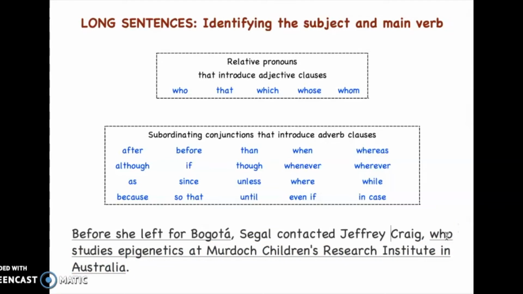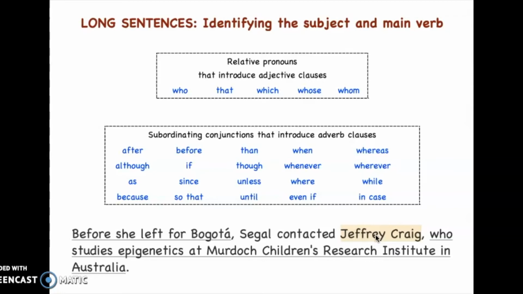Who is it that does this? Jeffrey Craig. It's always going to come right after the noun that it's talking about. So if we eliminate that, here's what we have left. Sigal contacted Jeffrey Craig. Now, Jeffrey Craig is not the verb. It's who Sigal contacted. So we're not going to count this as the subject.